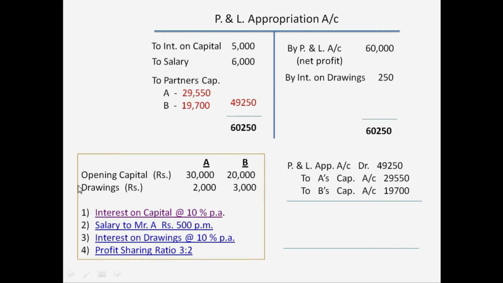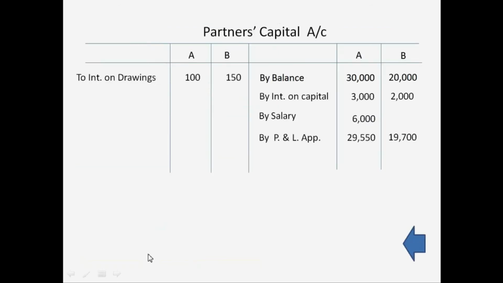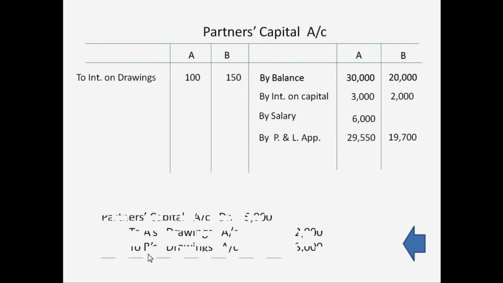So now we need to close this drawings account, and for this purpose we need to pass one entry, and the entry will be like this: partners capital account debit to A's drawings account to B's drawings account. Why is drawings account credited? Because we know that drawings account always shows a debit balance, and to close it, it will be credited, and we transfer drawings account into the capital account. So that's why partners capital account is debited.